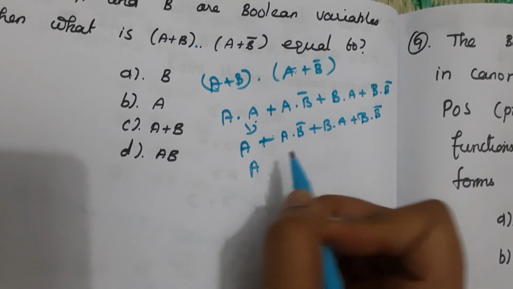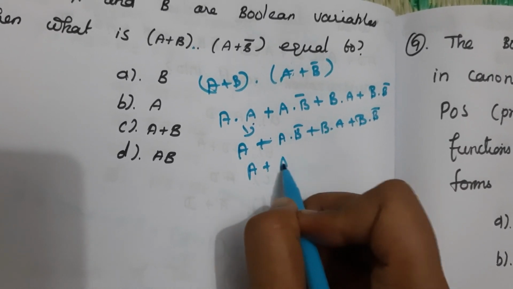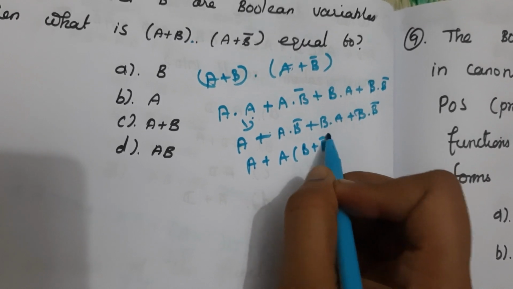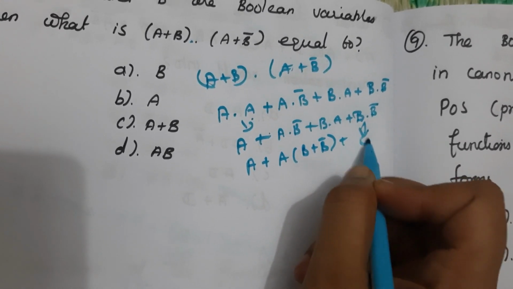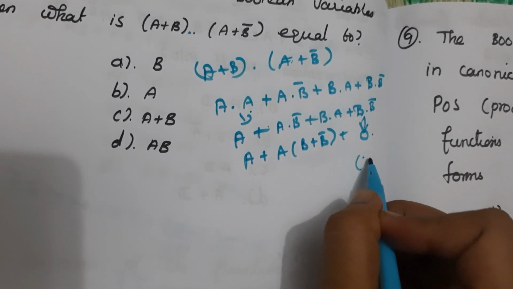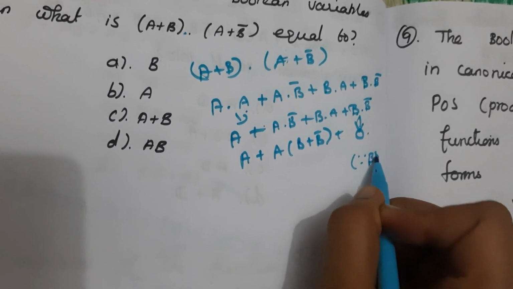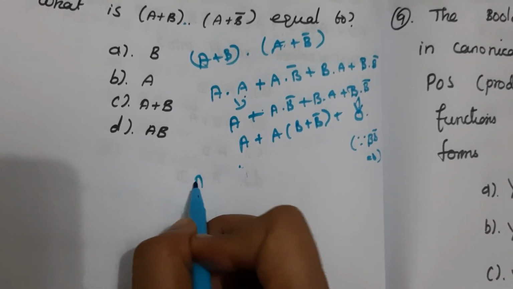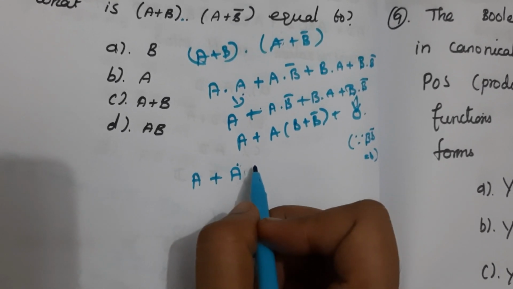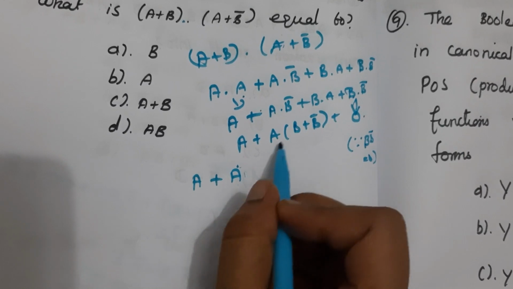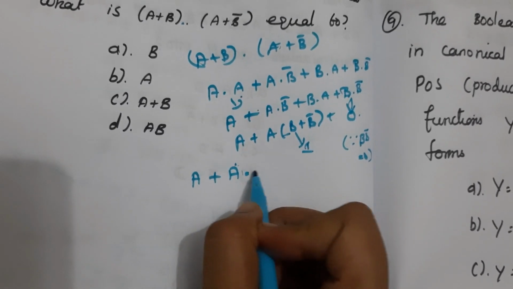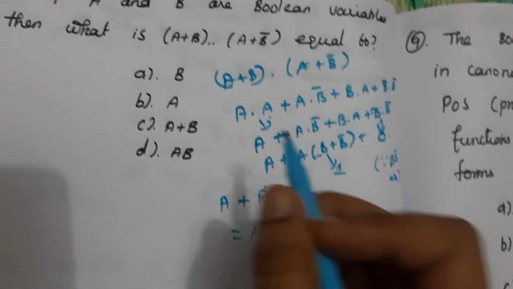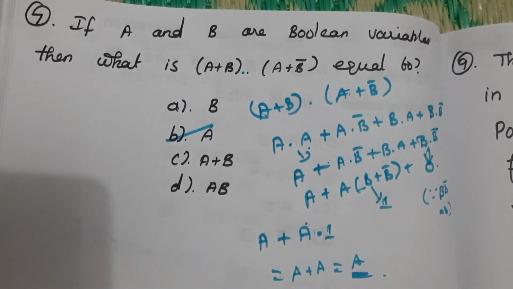Taking a common, a into (1 + b + b') plus this becomes 0, b into b' is equal to 0. So now we have a + a, this also 1 into 1. So we will get a + a, that is equal to a. So here the answer is A.